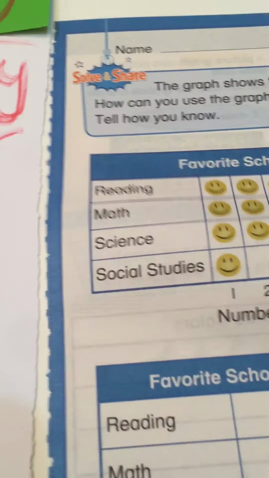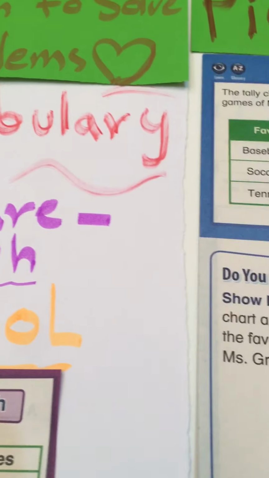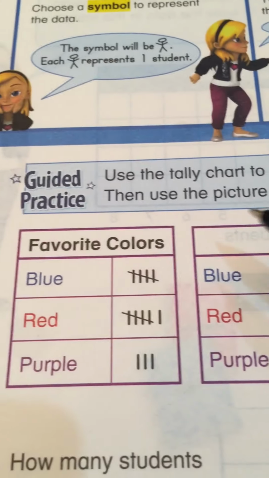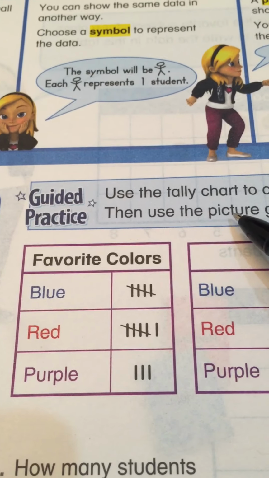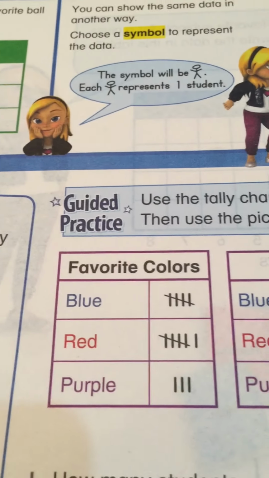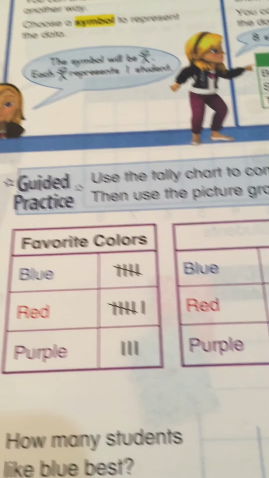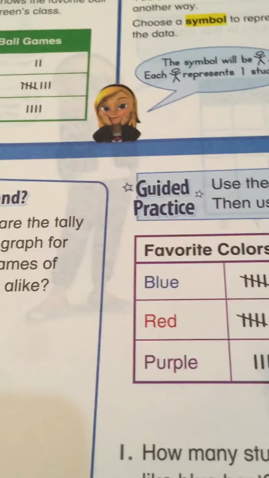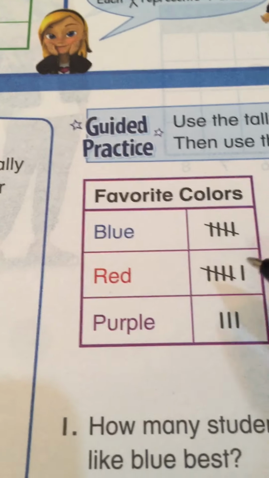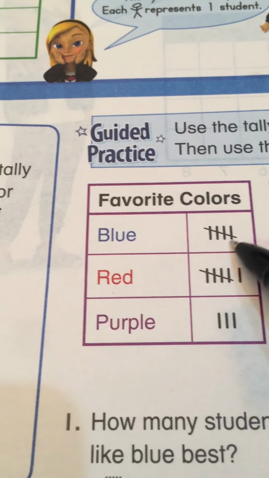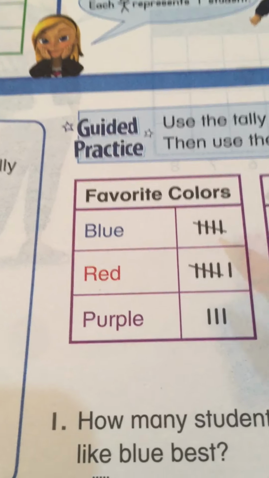So let's turn the page and see what they have for us. Here, if you see, use the tally chart to complete the picture graph. Then use the picture graph to solve the problem. So here we have tally marks. You know that we use these when we do some voting for any activity.